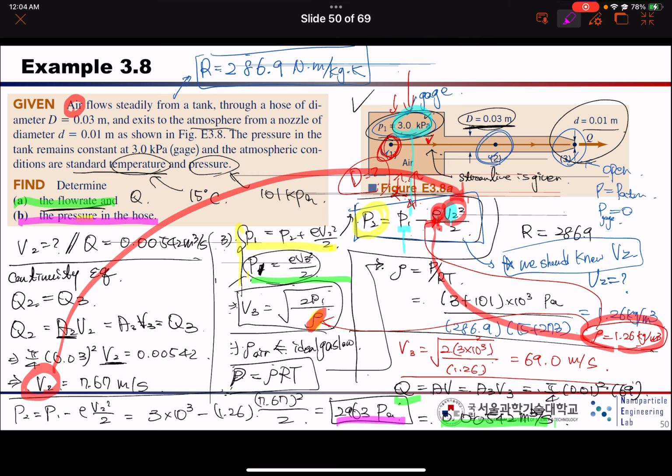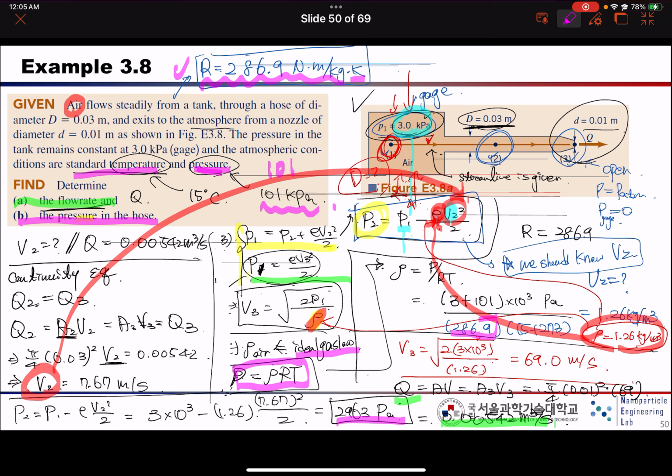Okay, so this example is also quite easy. The only difficult part, I think, is using the ideal gas law. For the ideal gas law, the universal gas constant you don't know, right? So this will be given in the actual problem. Also the standard temperature and pressure you don't know. For the pressure, it is 101.